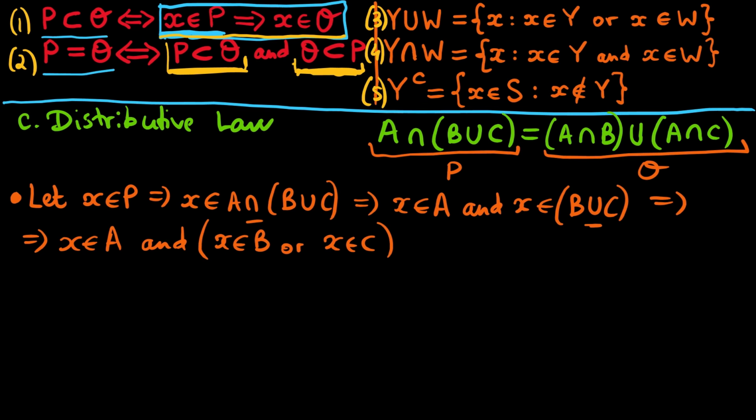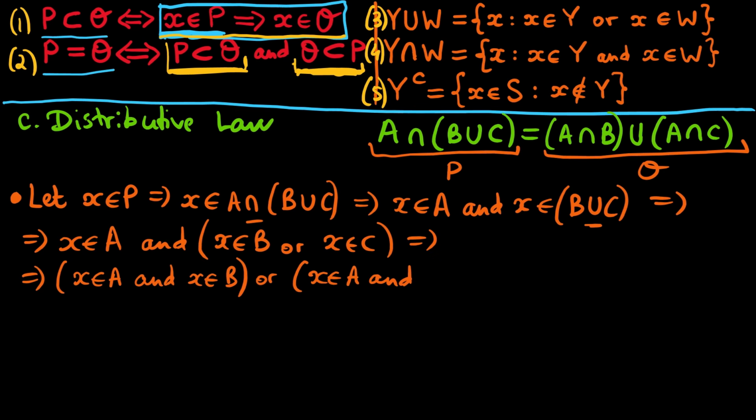So now we have an AND and an OR. What this says is that X is definitely an element of A, and in addition to that, it's also an element of B or C. So this can be written differently. We can say that X is an element of A and X is an element of B, or X is an element of A and X is an element of C. This may just require you to pause for a second and make sure that this makes sense.